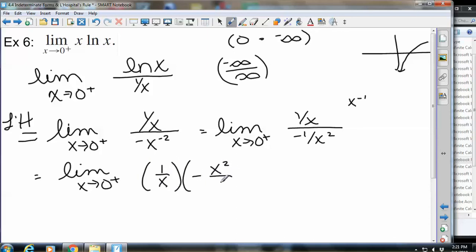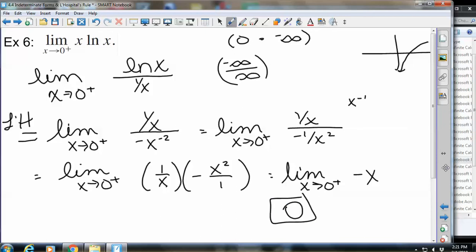So do 1 over x times negative x squared over 1. So we get a negative x out of all of this. So as x approaches 0 from the right, this is going to 0, and just plug it in.